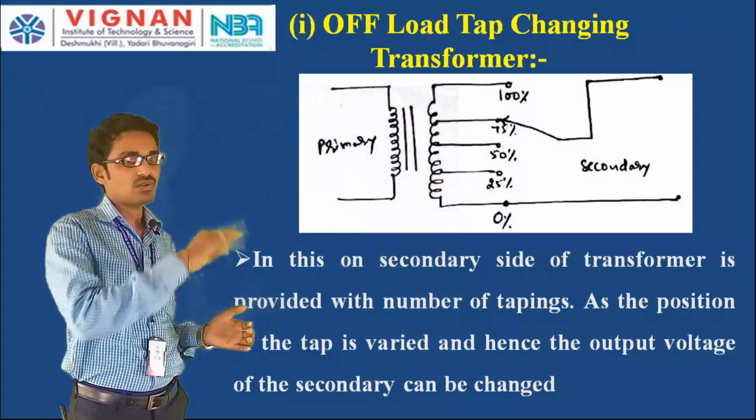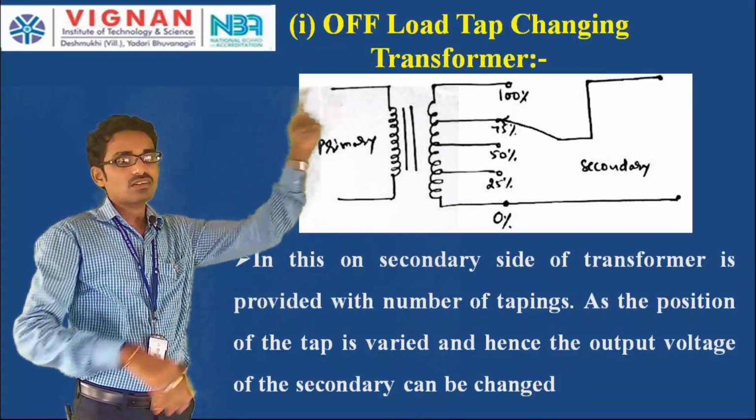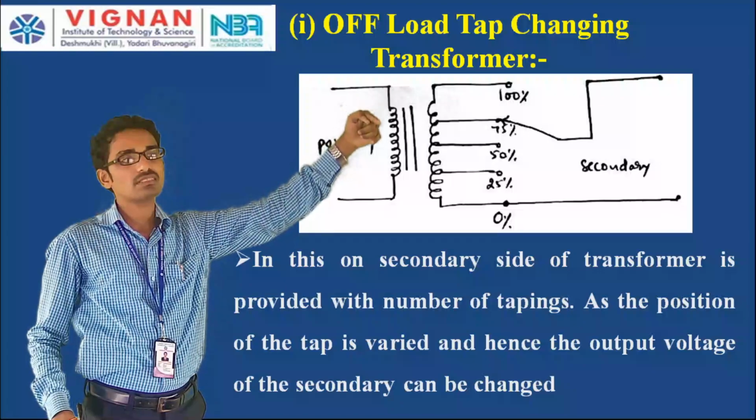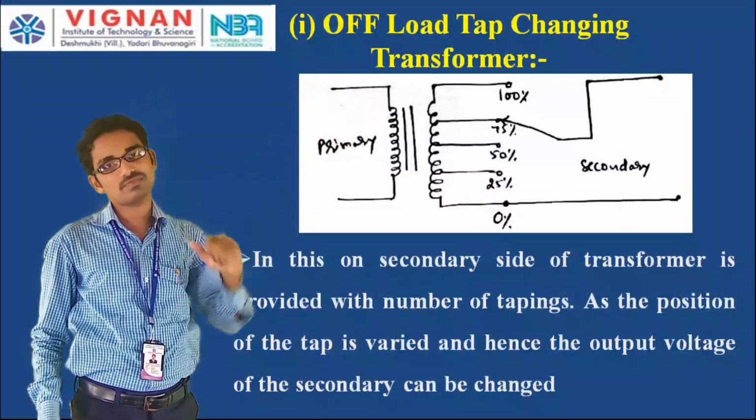That means 0% is 0 volts, 25% is 250 volts, 50% is 500 volts, 75% is 750 volts, and 100% is 1000 volts.